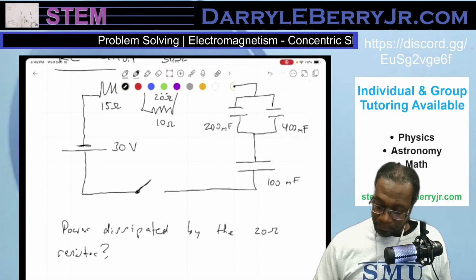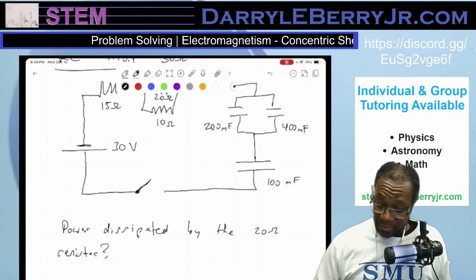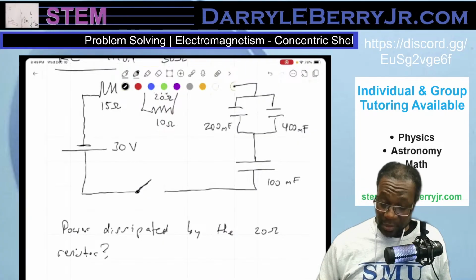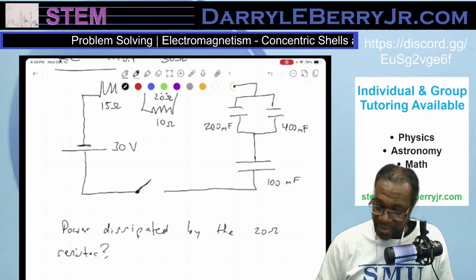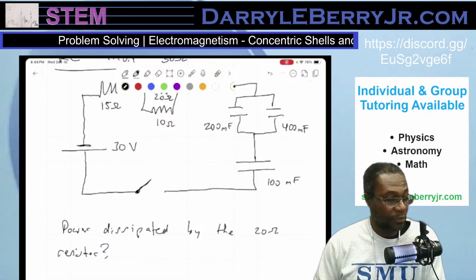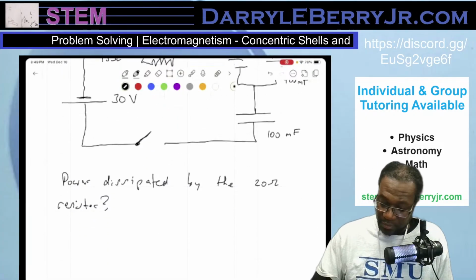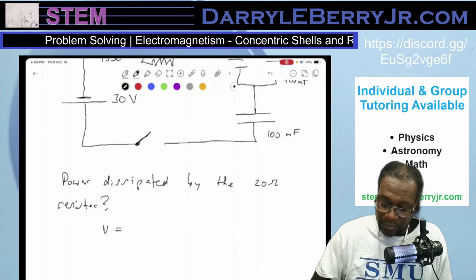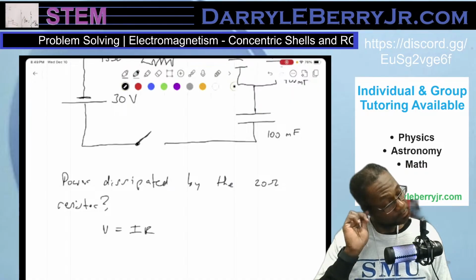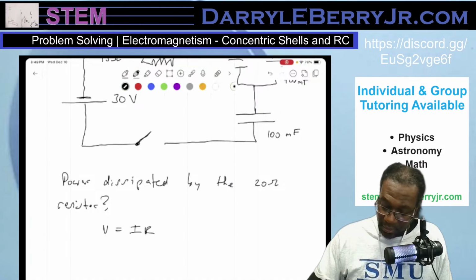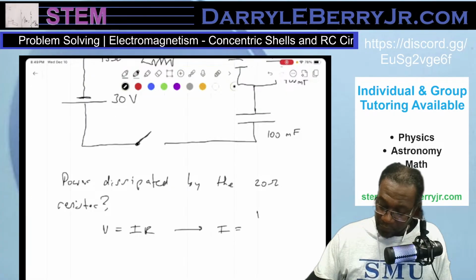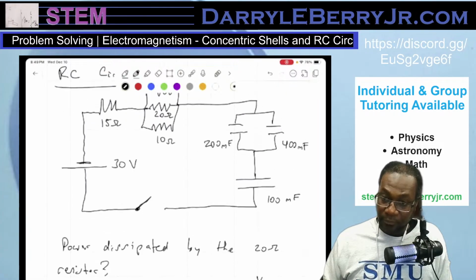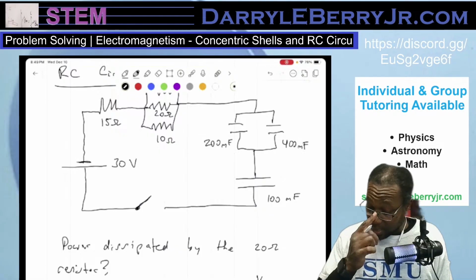So first thing we need to do is find out the current going through this thing. And we can do that with the resistors and voltage because V equals IR. So I equals V over R. So we have to get our equivalent resistance.